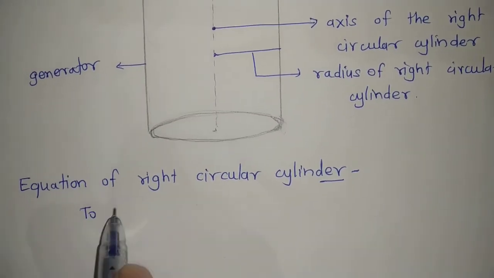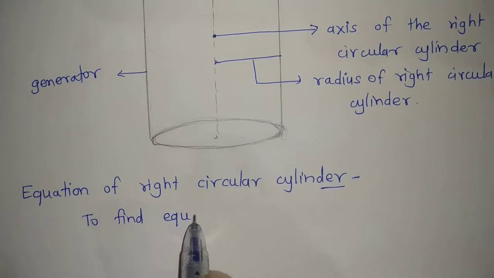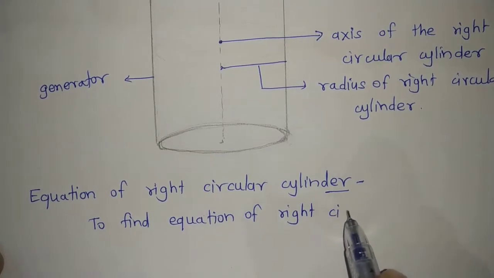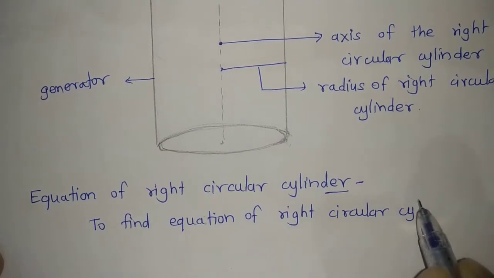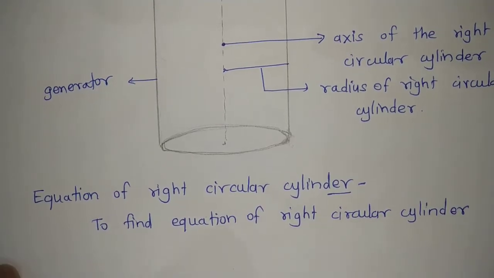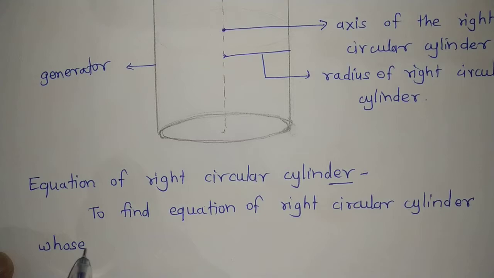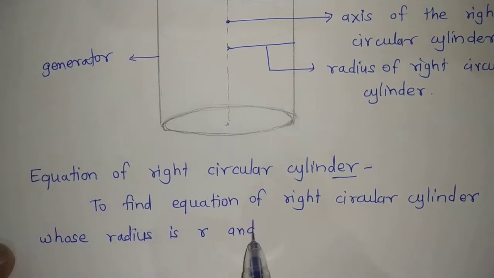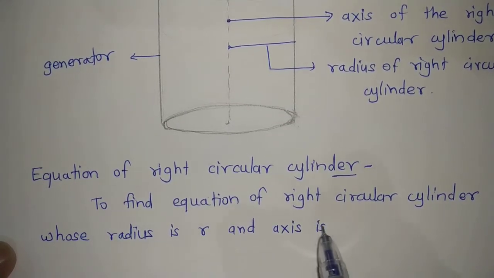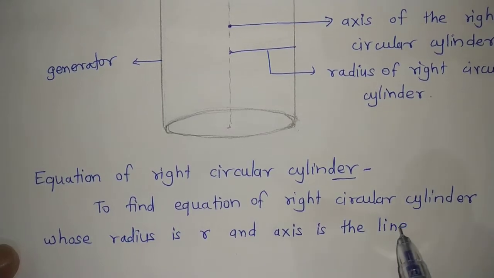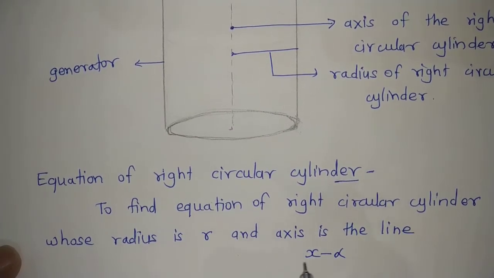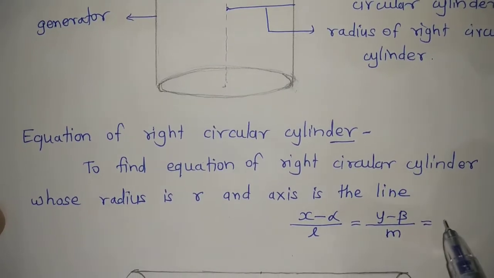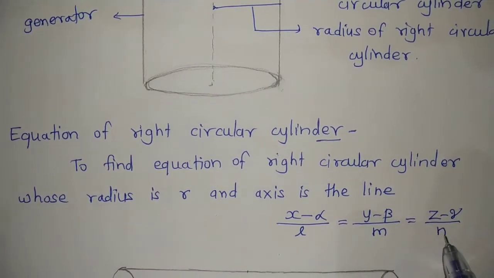So to find the equation of a right circular cylinder whose radius is r and axis is the line (x minus alpha)/L = (y minus beta)/m = (z minus gamma)/n.